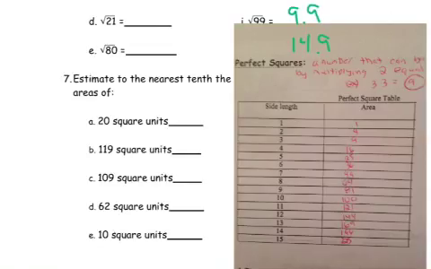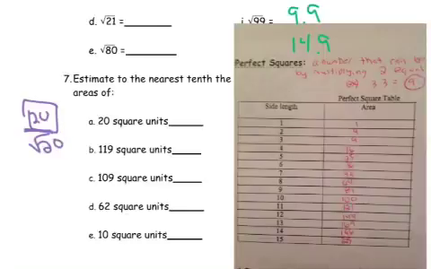So for this section, you're technically doing the same exact thing that we did in the previous section, it just looks a little different. It says, estimate to the nearest tenth the side lengths of squares with areas of the following. So for this one, remember, if you have a square and the area is 20, I want to think, what is this side length? Well, I'm going to take the square root of 20.